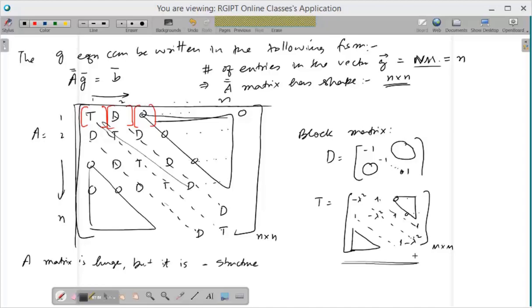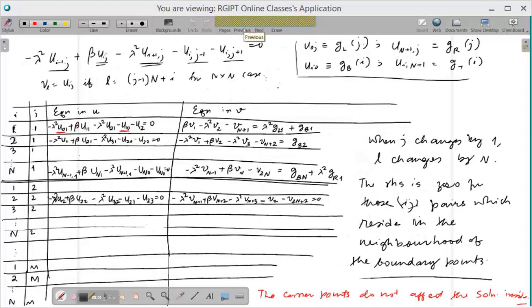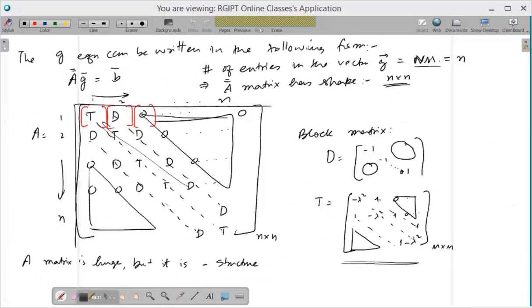Okay. All right. And the rest is all you need to do is you have a simple rule given by this. Okay. So in the computing, what I'm saying is, if there is a structure in the resultant A matrix, it's very easy to code.